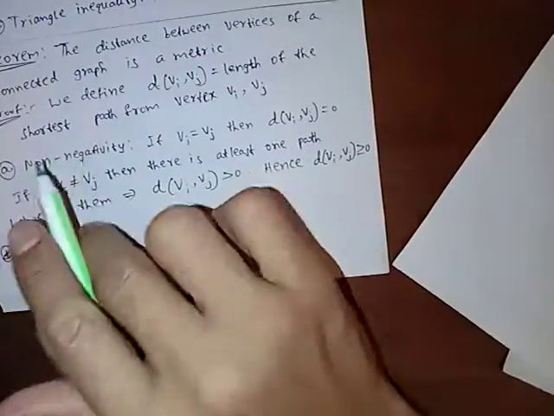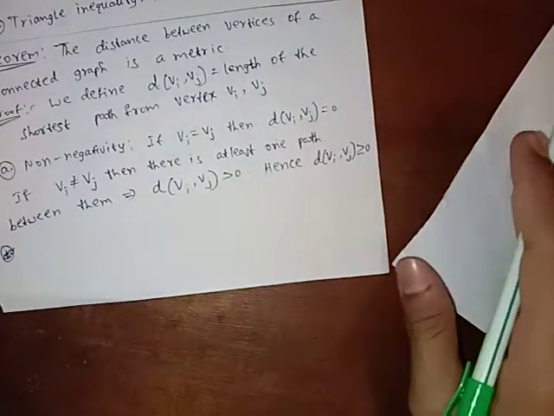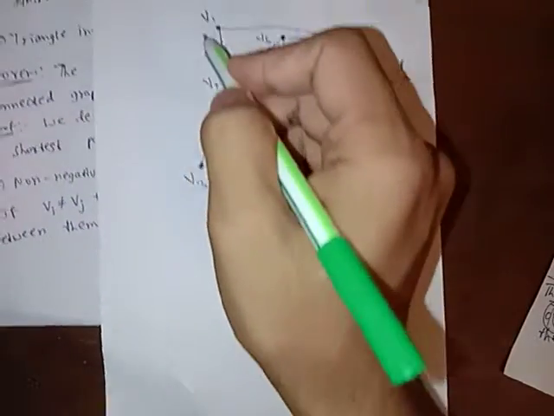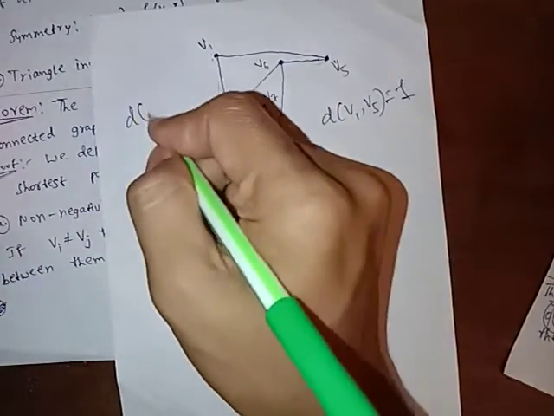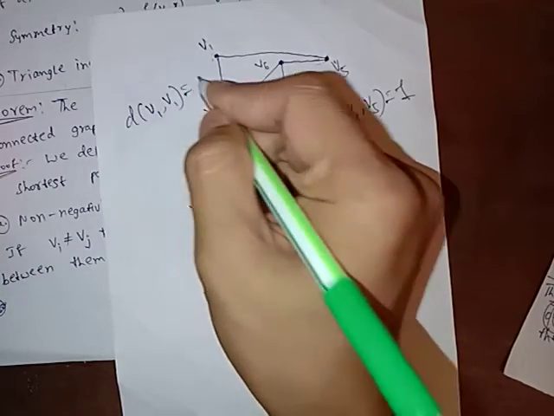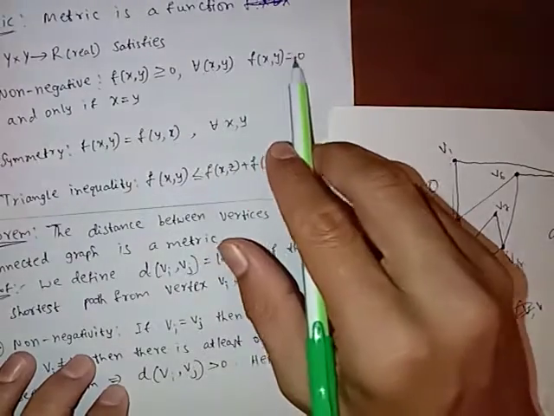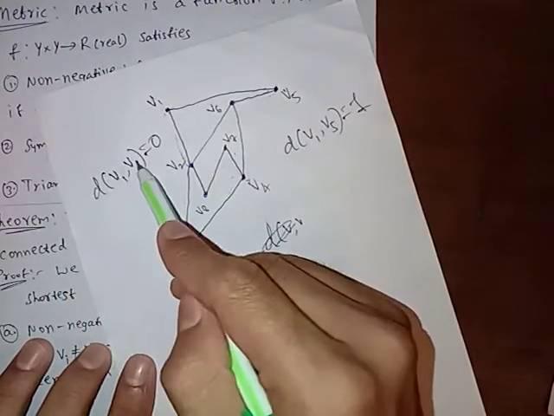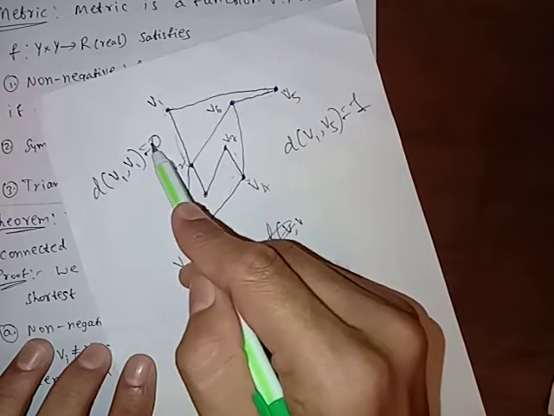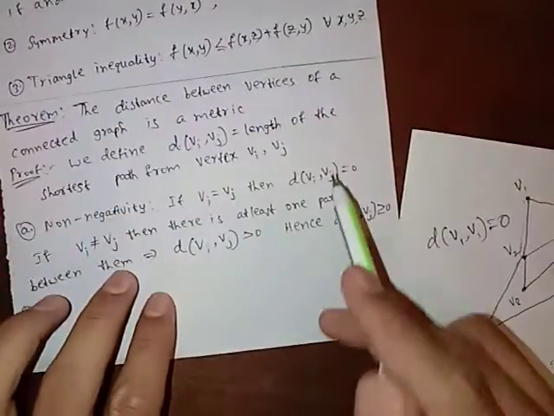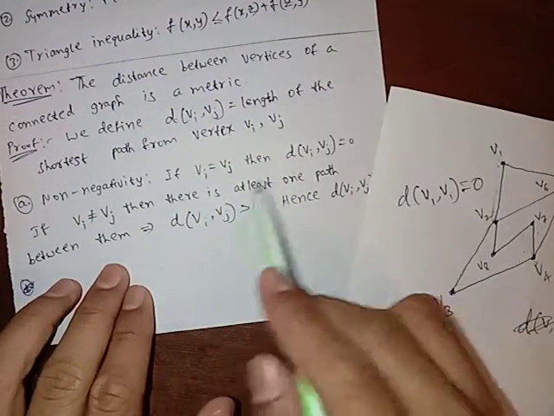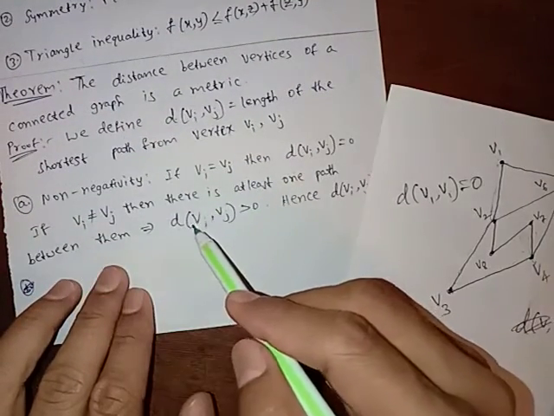If we consider distance, it follows non-negativity. How? If Vi is equal to Vj, what is the distance from V1 to V1? It is equal to 0. So f of xy is equal to 0 if and only if x is equal to y. And if Vi is not equal to Vj, then there is at least one path between them.